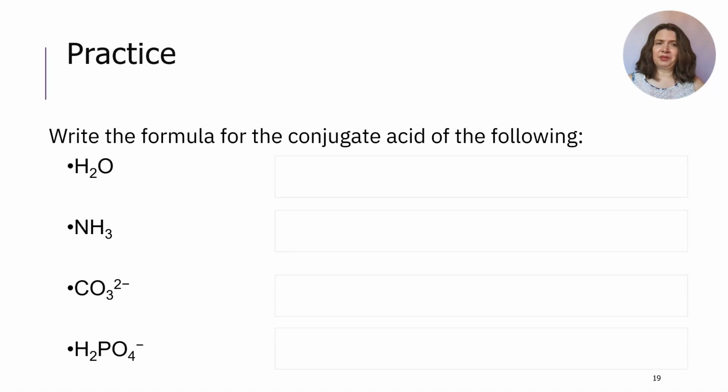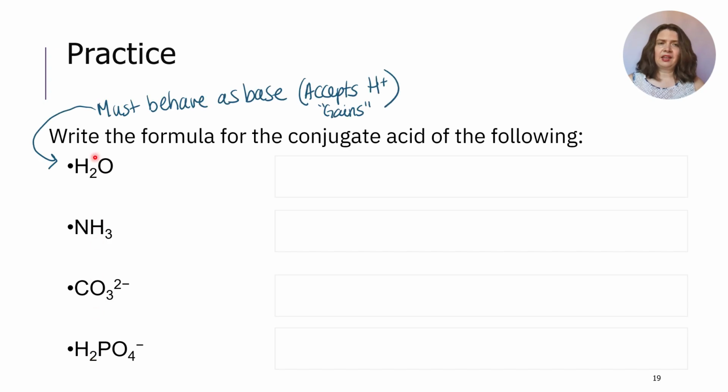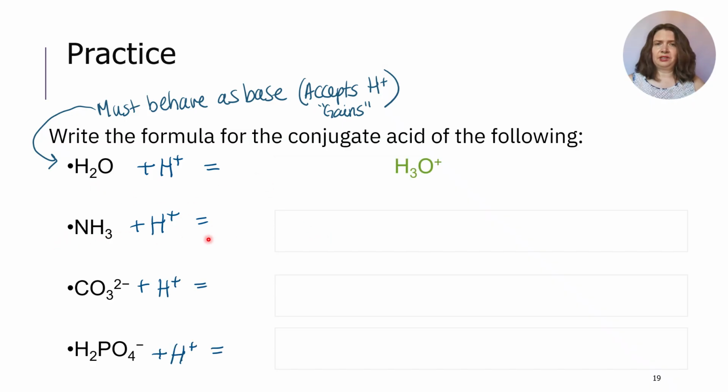Now let's write the formulas for the conjugate acids of several substances. Remember, a conjugate acid is formed by adding one H+ ion because each substance must act as a base. For H2O, the conjugate acid is H3O+. For NH3, the conjugate acid is NH4+.